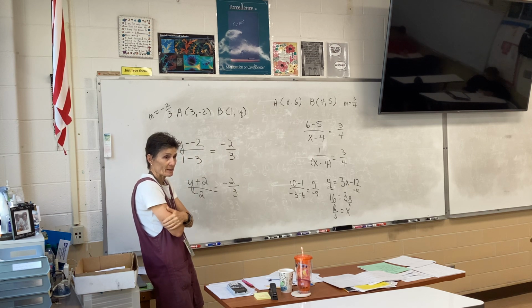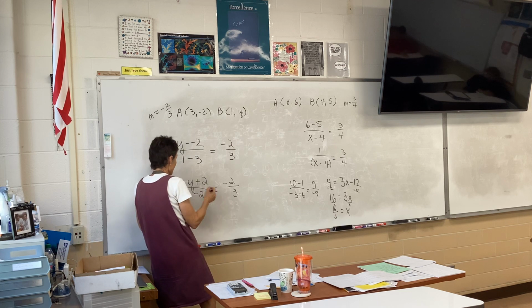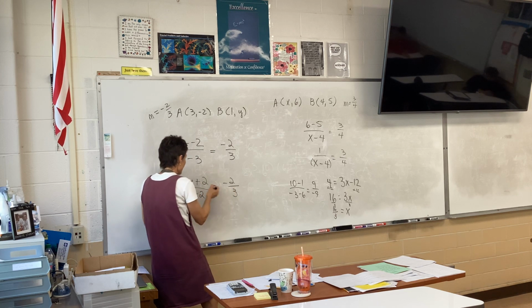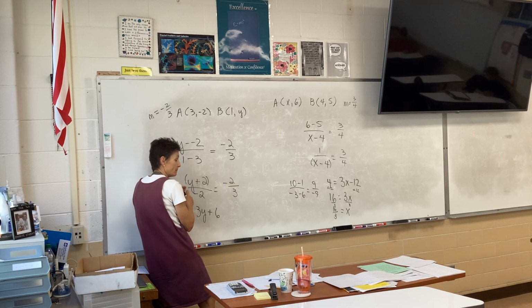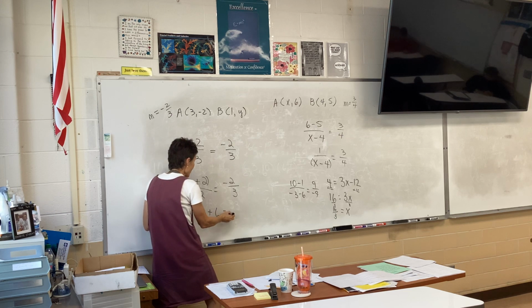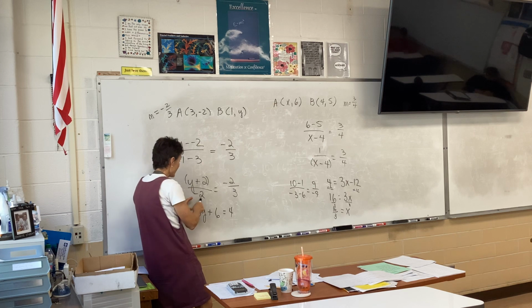Now what do we do after we get it cleaned up a little bit? Cross multiply. It doesn't matter what you do first. If I do this times this, that's going to be 3y plus 6. Remember, that's a quantity, so you have to distribute it. And that's going to equal +4, -2 times -2.